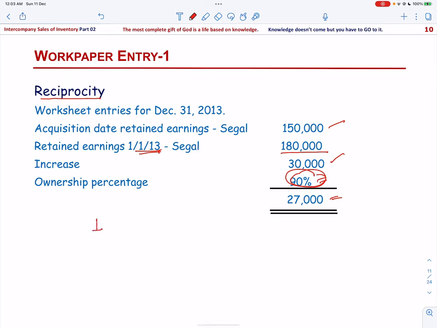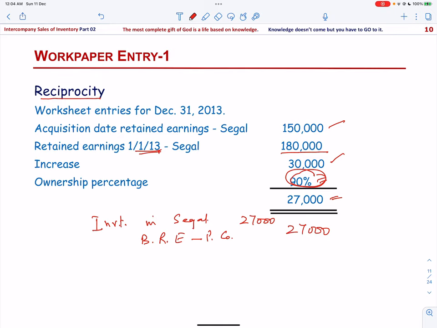So investment in Segal Company, that is the subsidiary, is debit by 27,000, and beginning retained earning for the P Company is credit, 27,000.